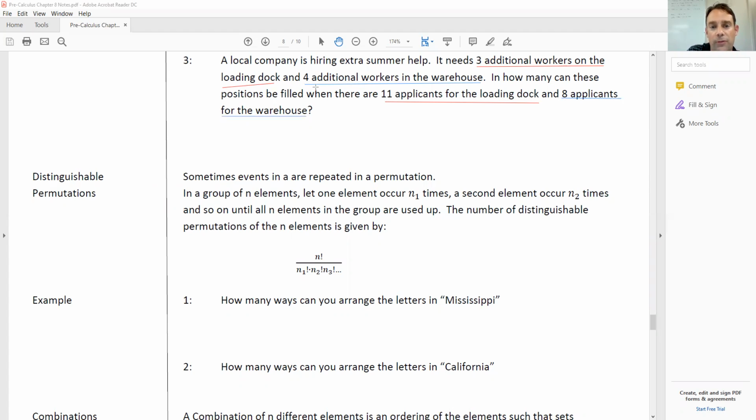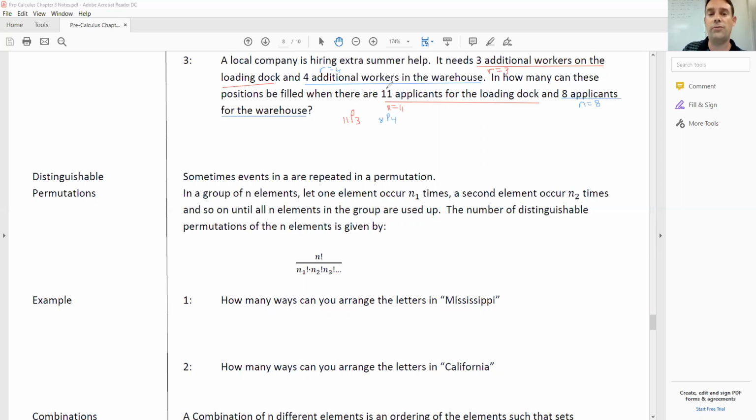But notice I got 2 different events going on here. I got one for the loading dock, and I got one for the warehouse. So I have 11 applicants for the loading dock, and I wanted 3 of them. So n is 11, and I wanted 3 of them. In the other one, I had 8 applicants in the warehouse, and I wanted 4 of them. So I also have 8P4.